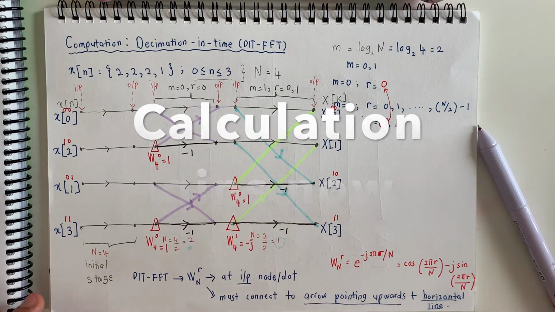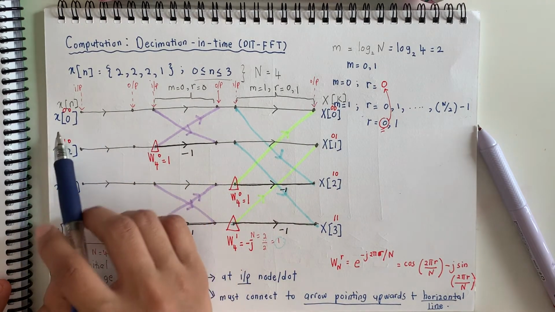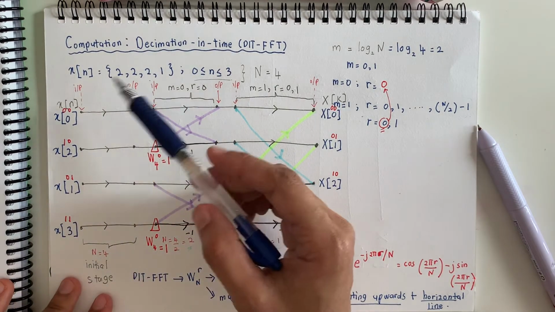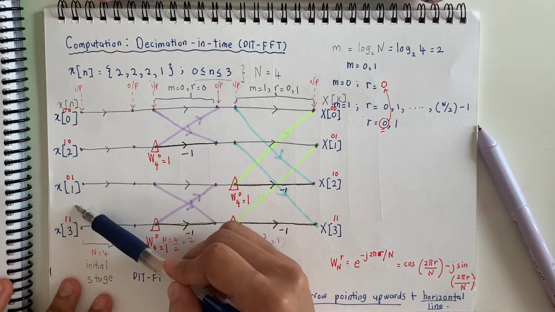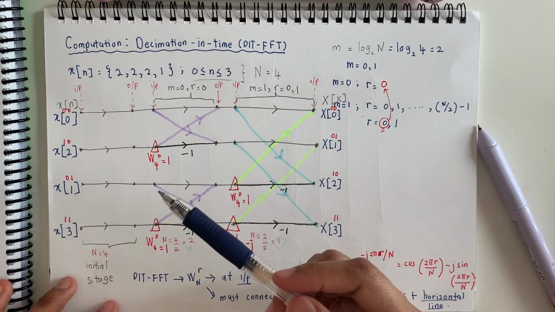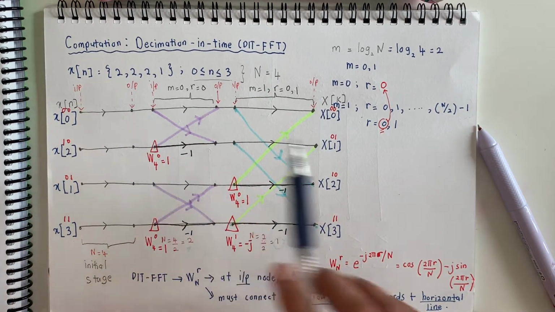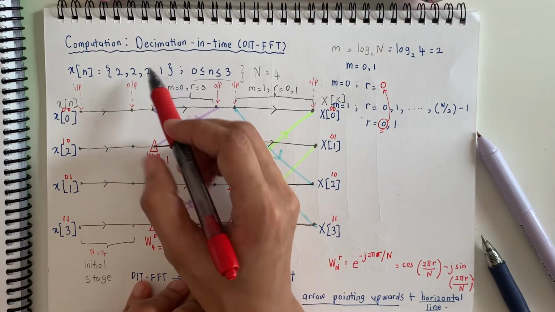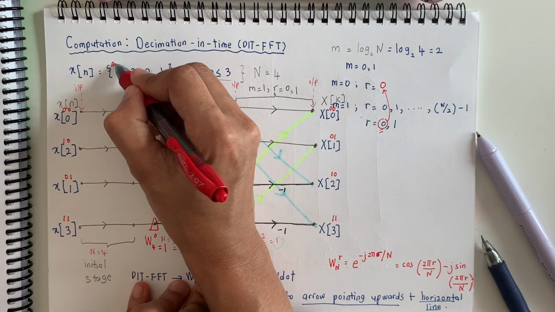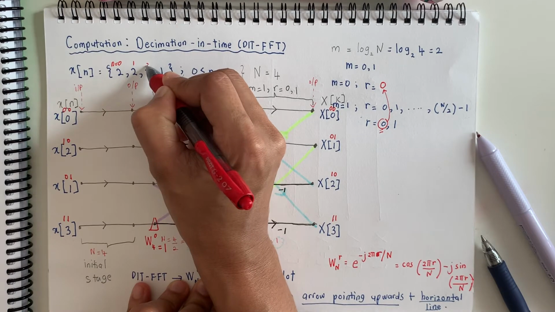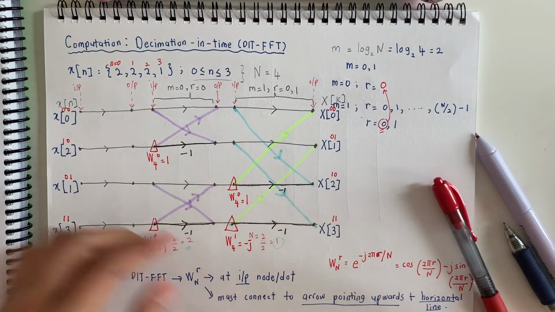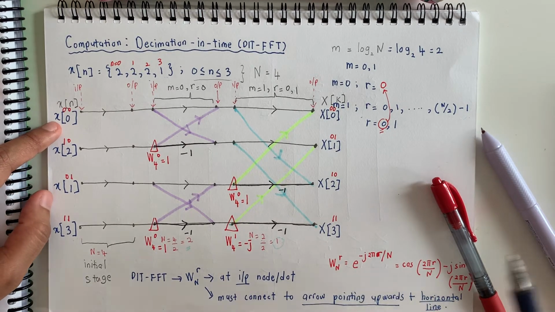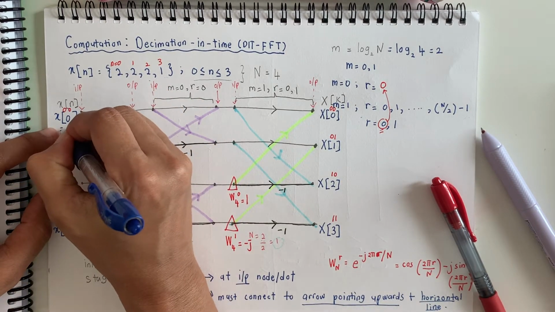So for you to calculate the values, we have x0, x2, x1, x3. You cannot simply put the values 2, 2, 2, 1, which is totally wrong. What you have to do is look at the equation, the sequence itself. This sequence is when n equals 0, 1, 2, 3. So when n equals 0, the value is 2.